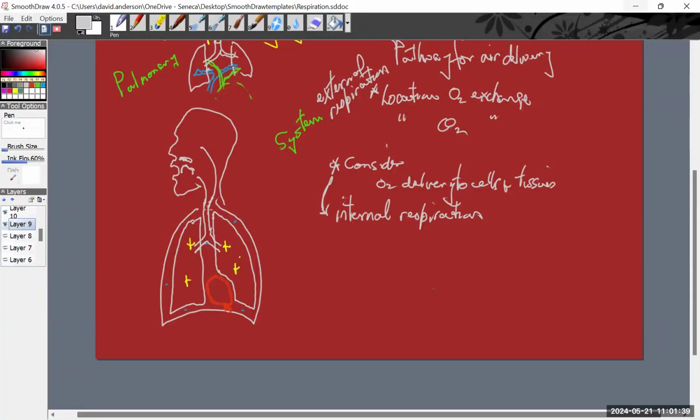So this trachea area would have cartilage rings that hold it open. If we looked at the trachea over here, we would notice that there are these cartilage rings. Now they don't quite go 100% all the way around.